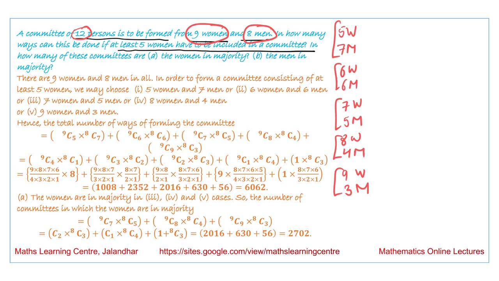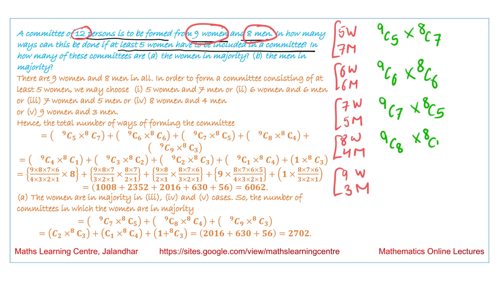So in each of these cases the answer is 9C5 into 8C7, then 9C6 into 8C6, then 9C7 into 8C5, then 9C8 into 8C4, then 9C9 into 8C3.